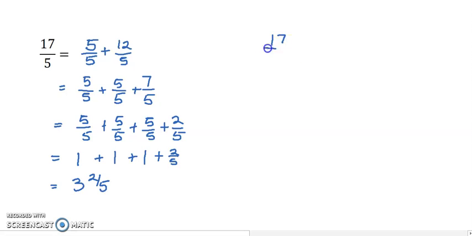So here we're going to do the same question again, 17/5. What is the largest multiple of 5 that we can get out of 17? We know 5, 10, 15. We can take 15/5 out of 17/5, and what would be left is 2/5.